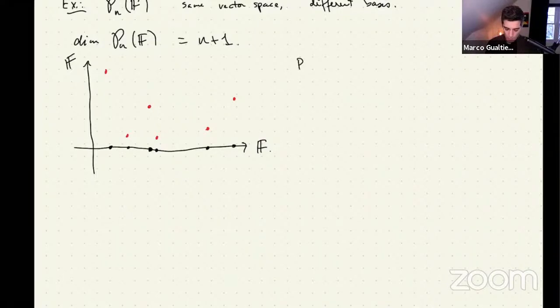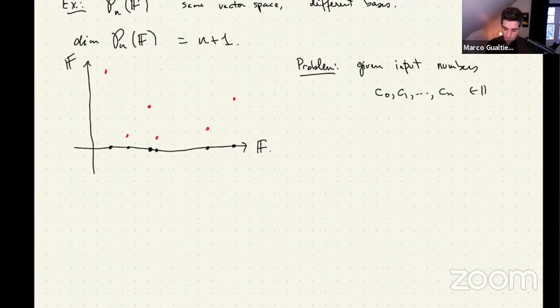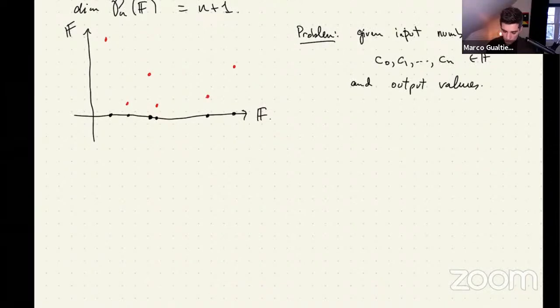There's a question that I could ask, and that is, given some probe positions, some input numbers C0, C1 up to Cn, and output values, let's say B0 up to Bn.